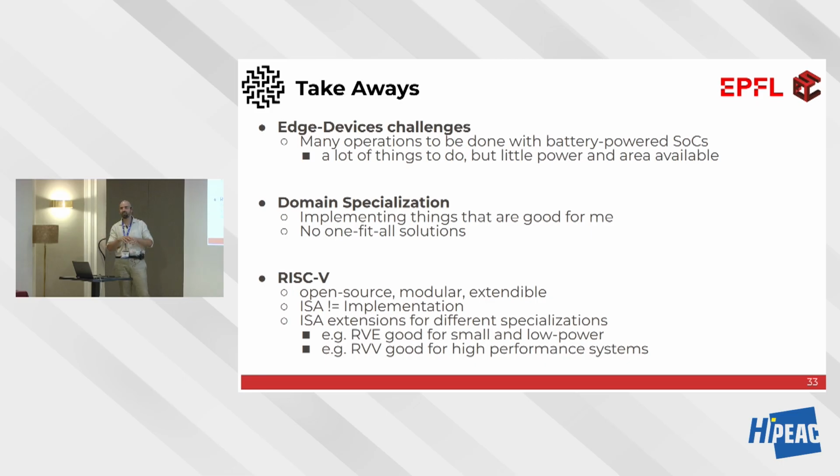There's no one-size-fits-all solution; it depends on the domain and what I'm going to do. And we learned about RISC-V, which is an open ISA. Very important, the ISA is not the implementation. Key takeaway, it's modular and extendable.